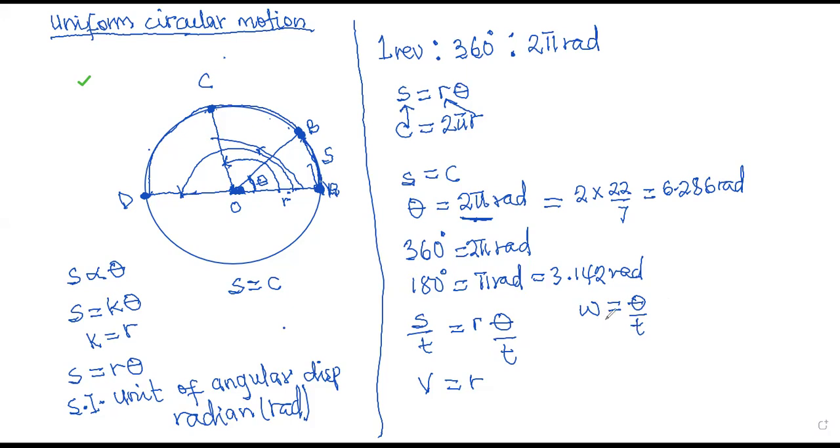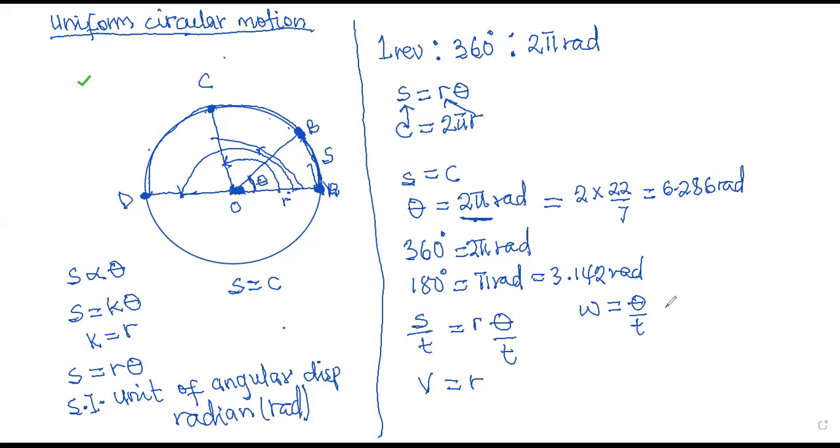So angular velocity omega is defined as the rate of change of angular displacement with respect to time.